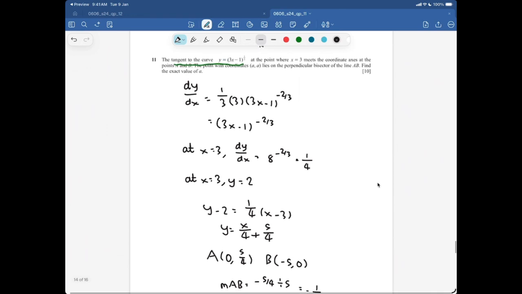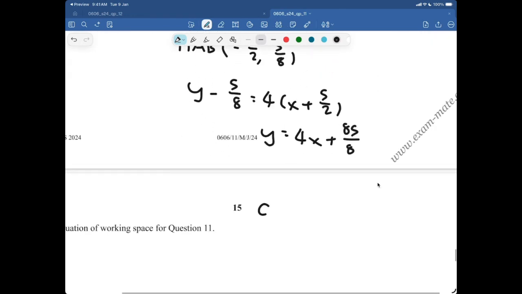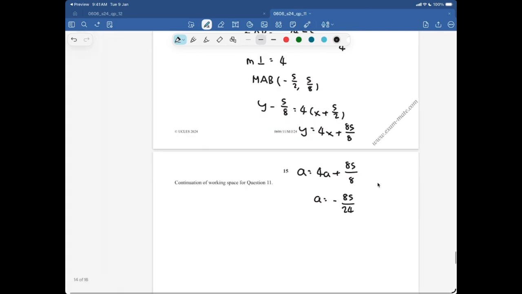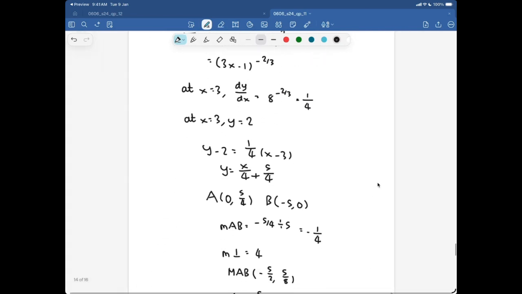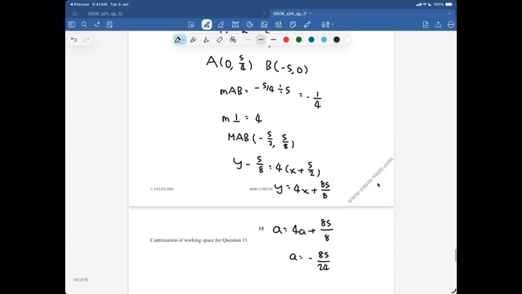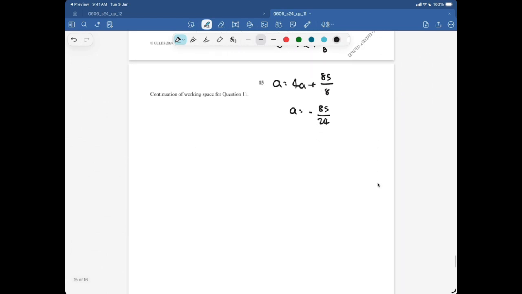If it passes through A, we can solve a equals 4a plus 85 over 8. So a is equal to negative 85 over 24. This is a bit unconvincing. Probably got some calculations wrong here and there, but I'll take it for now.